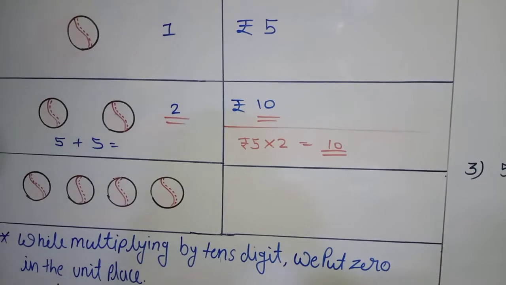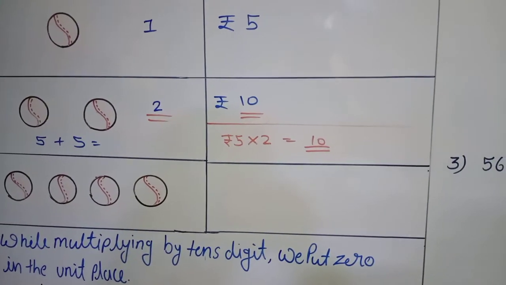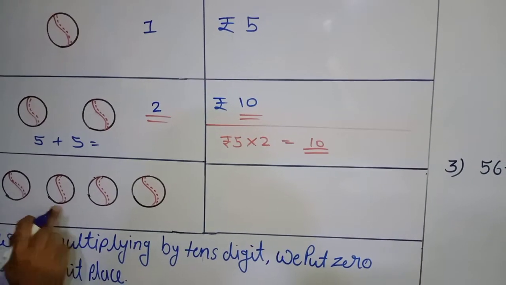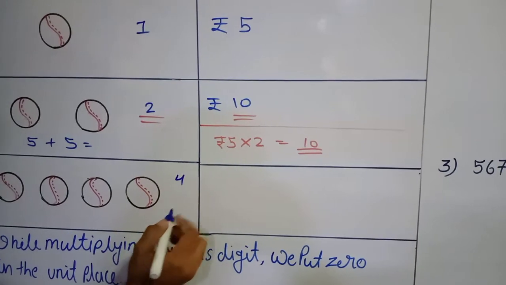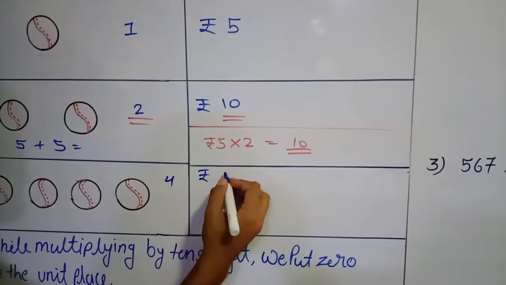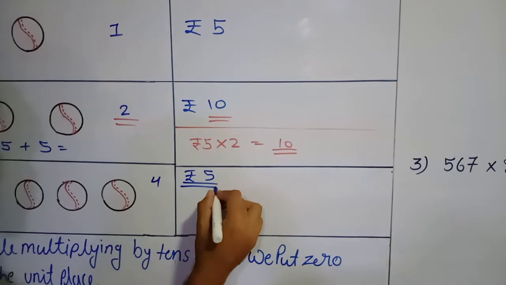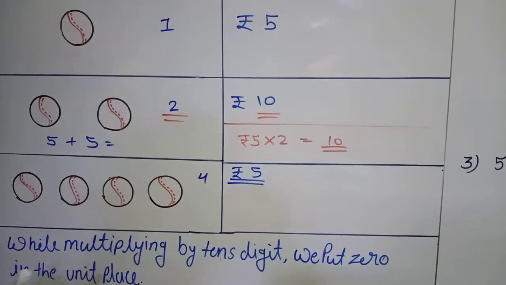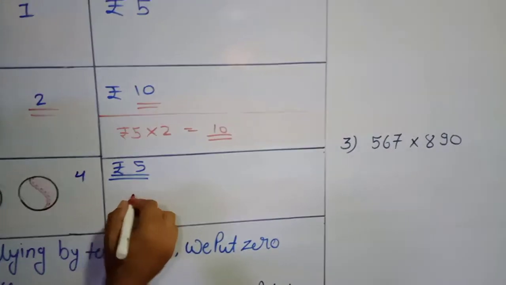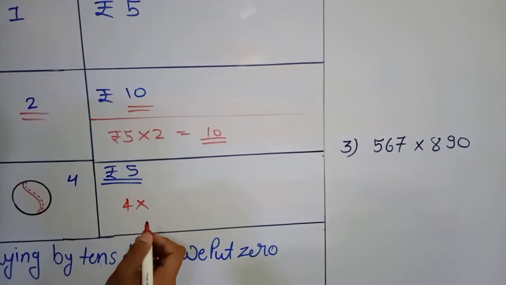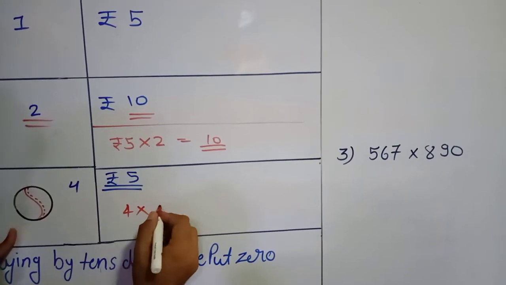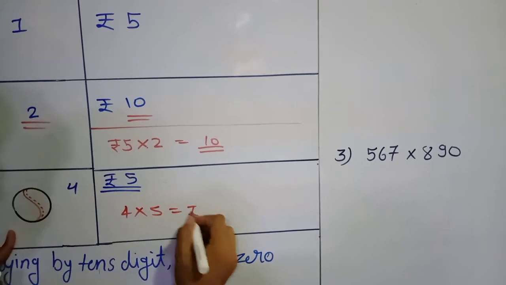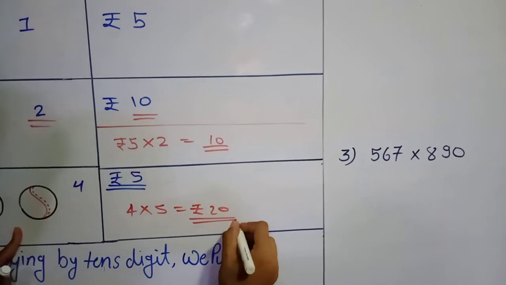See the next example. In the third column we have the number of balls 4. The cost price of one ball is 5 rupees, we know that. So what is the total price of all 4 balls? As we learned, the number of balls, 4, into the cost price of one ball, that is 5, is 20 rupees.